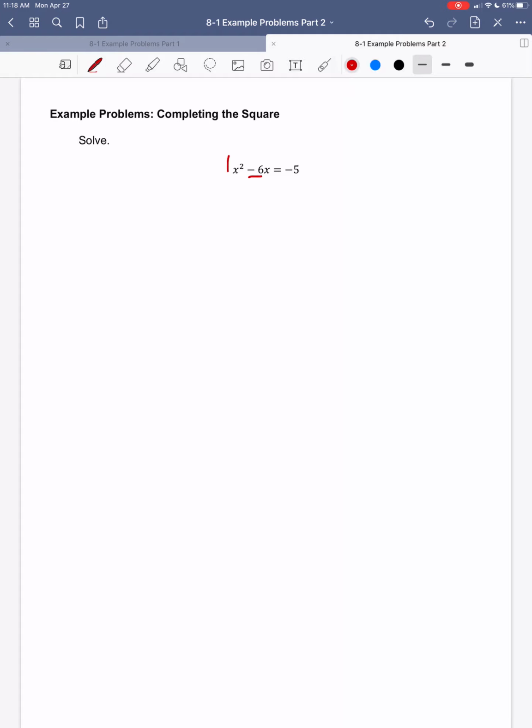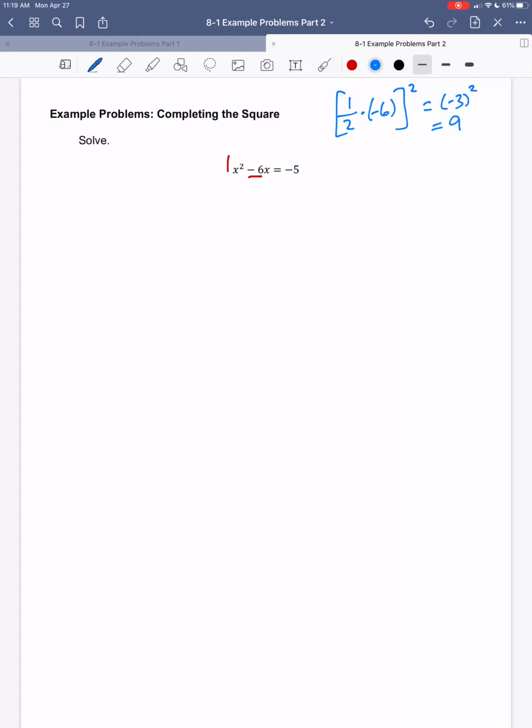And so I'm going to take half of that number and then square it. Remember, 1/2 of something will be 1/2 times that something. So I get 1/2 times -6, and then I square it. So that's going to be -3 squared, which is going to be 9. So I'm going to add 9 to both sides.